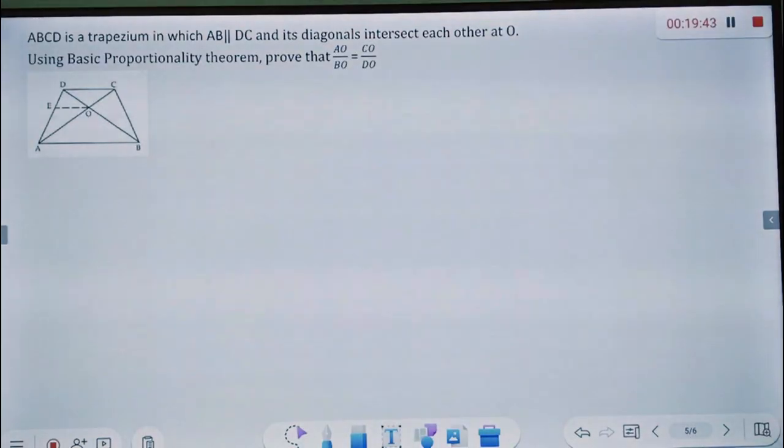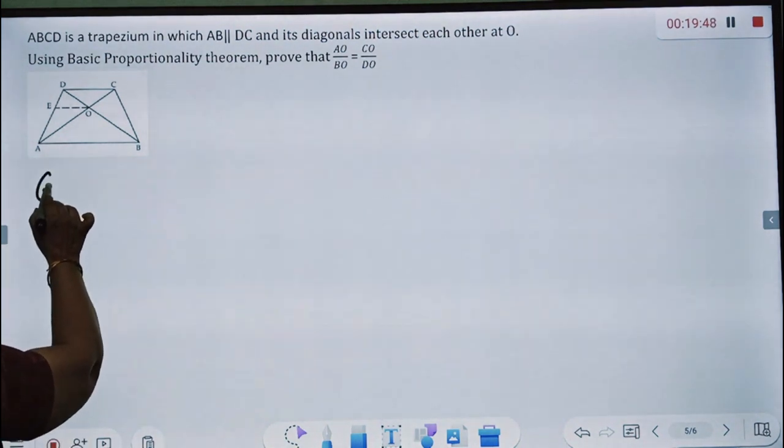Now look at this problem. ABCD is a trapezium. So what is given?